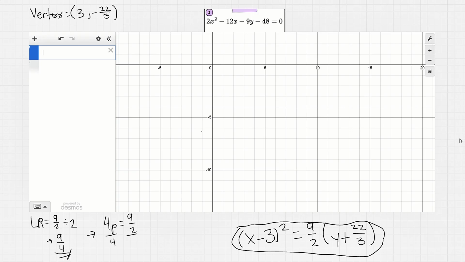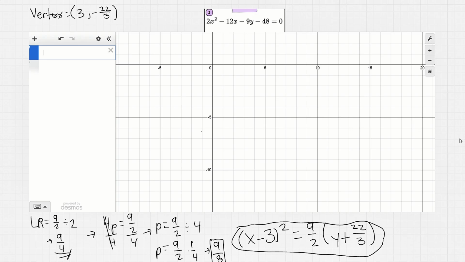Then we divide by 4, so we have 9 over 2 divided by 4. In dividing fractions, we get the reciprocal of 4. So it will be 1 over 4, and we're going to multiply it. 9, 2 times 4 equals 8. So this is our focal length, 9 over 8.